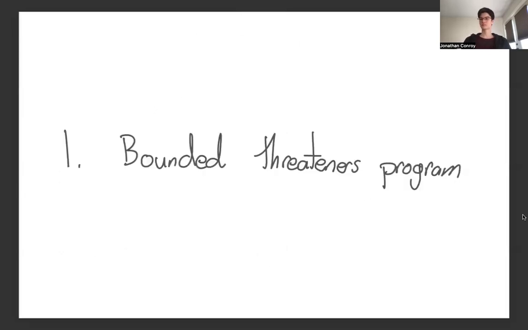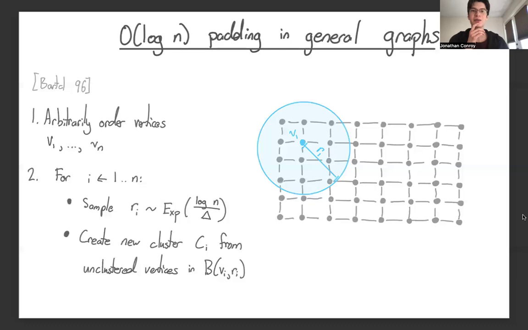Okay, so let's begin by talking about the log n padding for general graphs due to Bartal. Bartal used a ball carving argument. He said we should arbitrarily order the vertices from V1 to Vn. We're going to consider the vertices in order, and for each vertex, we're going to create a new cluster centered on that vertex.